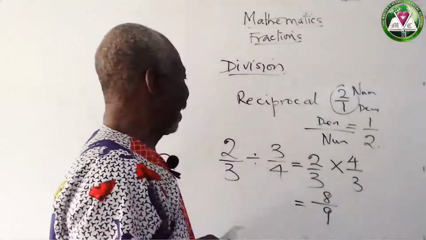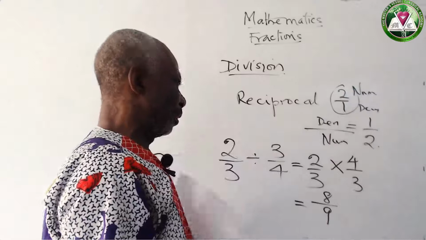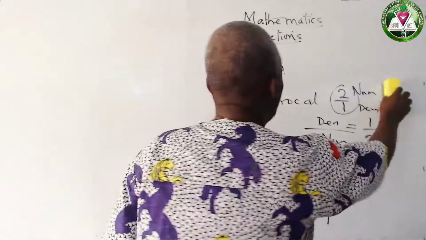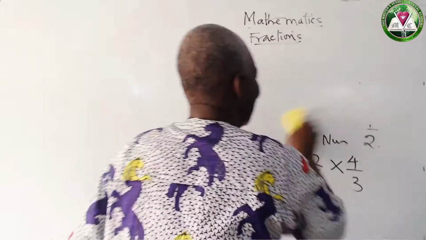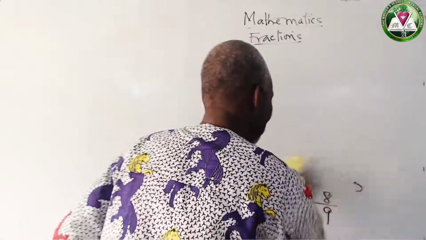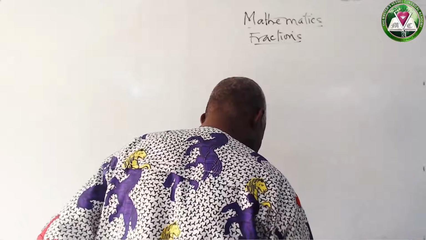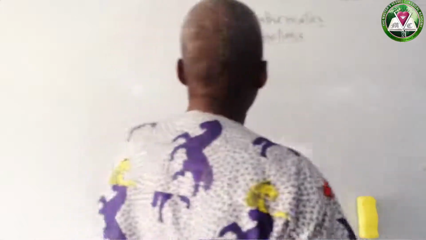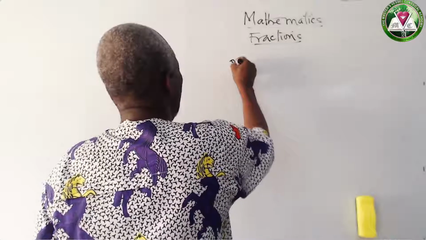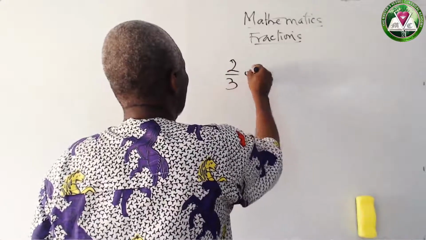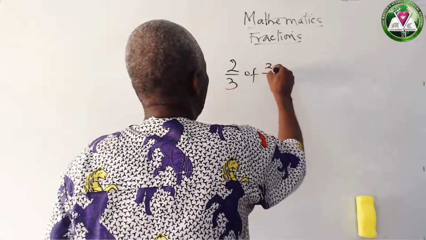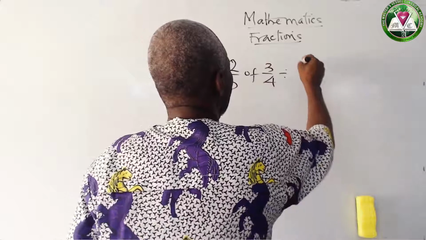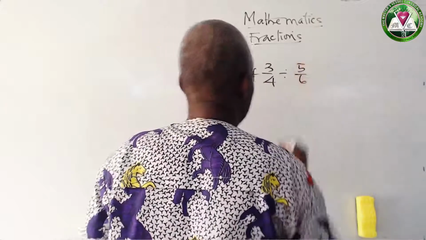So we want to combine multiplication and division. So I have 2/3 of 3/4 divided by 5/6.